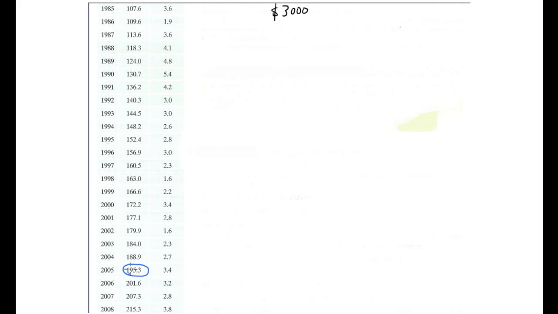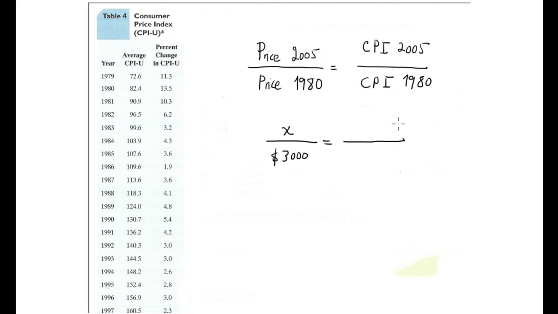It's 195.3. Now, in 1980, the CPI is here. It's 82.4. Okay, now cross multiplication.